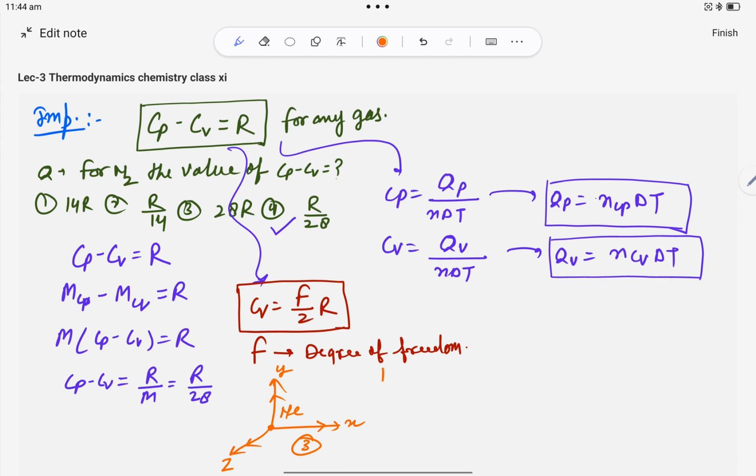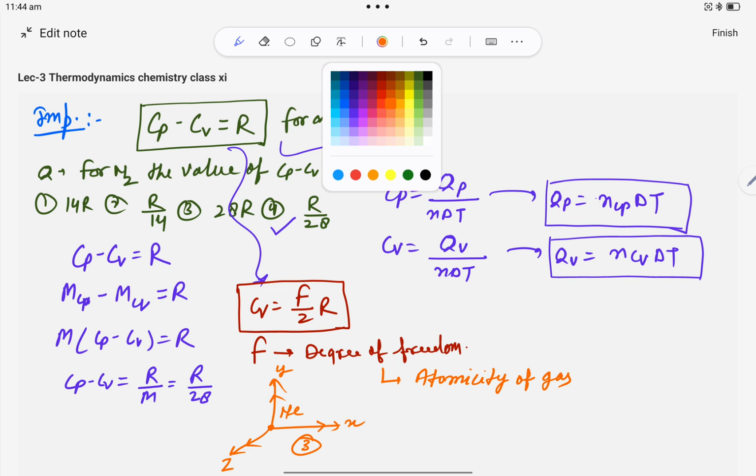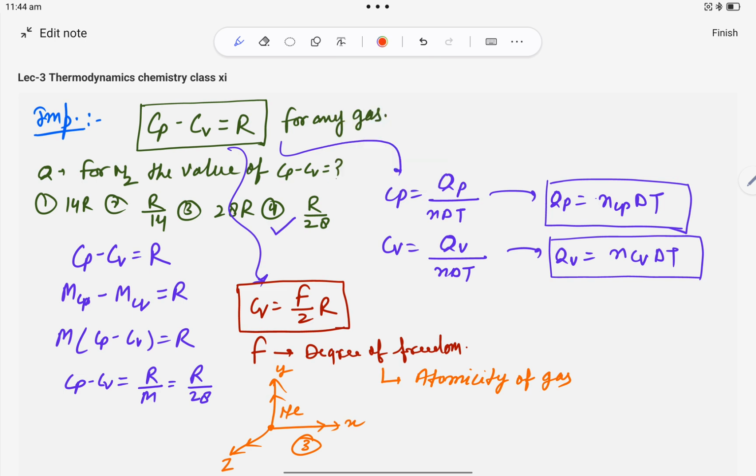So degree of freedom depends upon the atomicity of gas. Okay, so monoatomic gas like neon, argon, etc. Degree of freedom is 3.